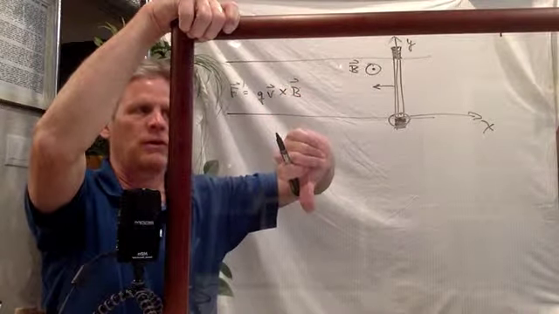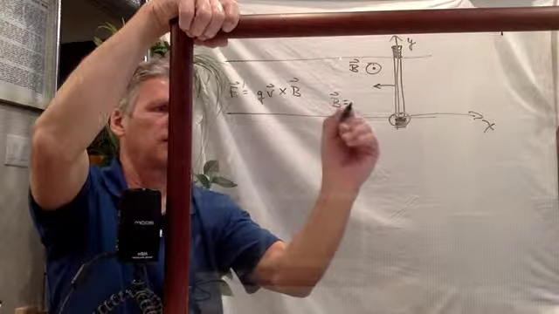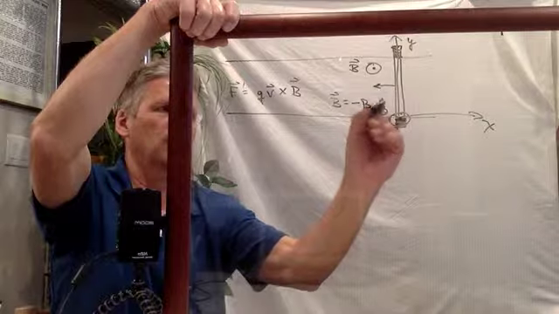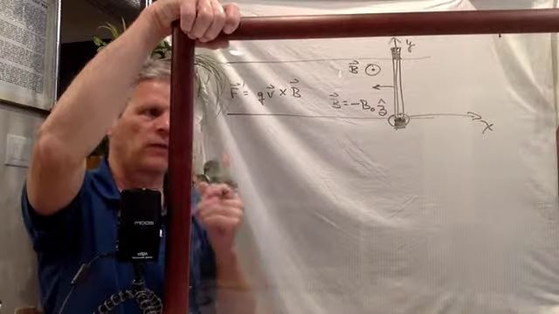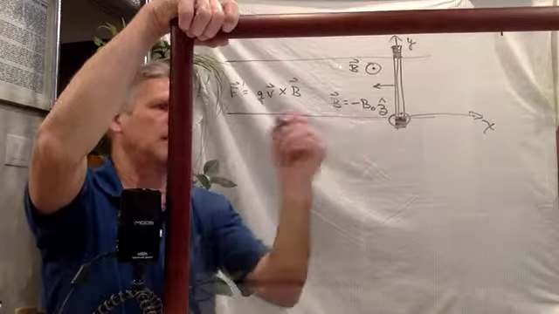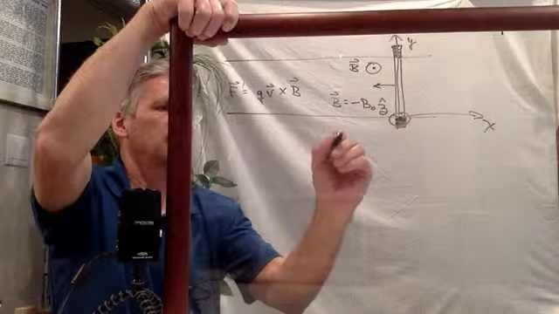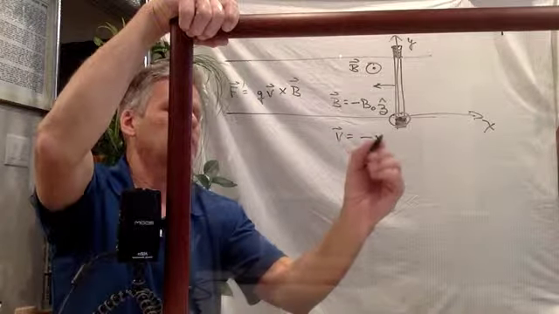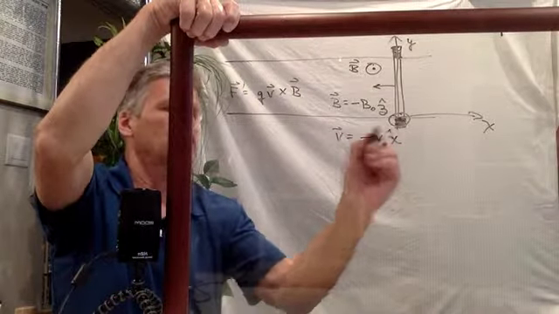So this B, for you guys, looks like it is in the minus Z direction. So B is minus B0 Z hat, if I have that right. And V is in the minus V0 X hat direction.